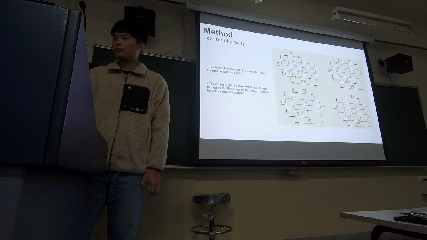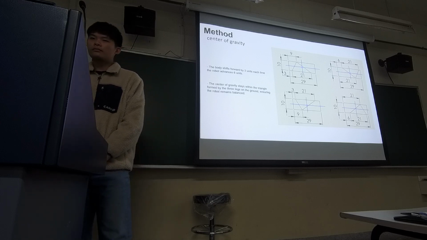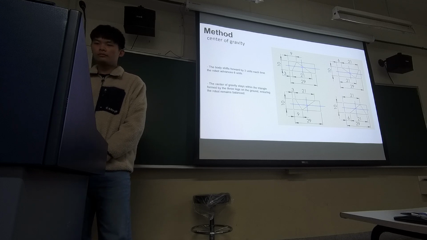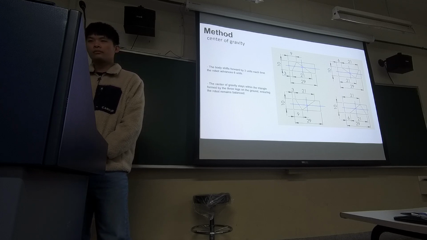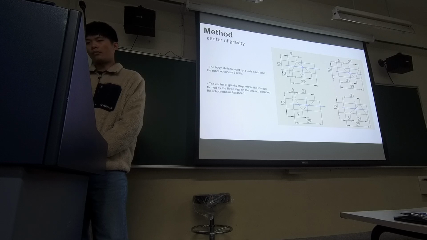As the robot moves, the body moves forward by 3 units each time. The robot advances 6 units. The center of gravity stays within the triangle formed by the 3 legs on the ground, ensuring the robot remains balanced.